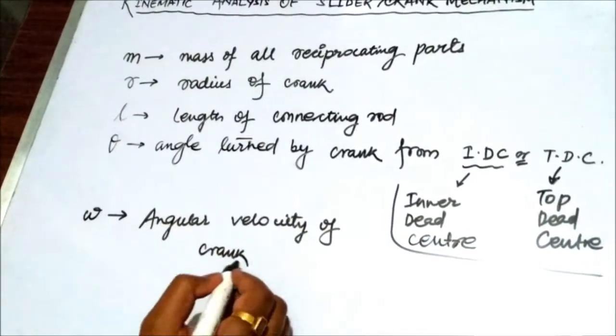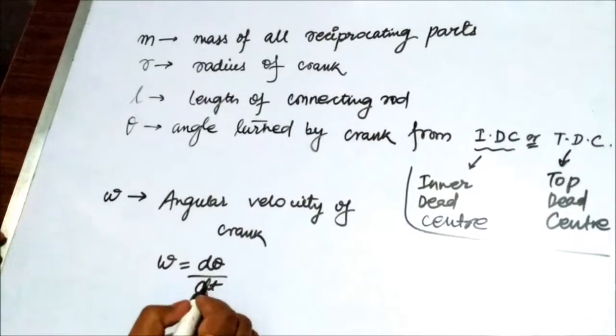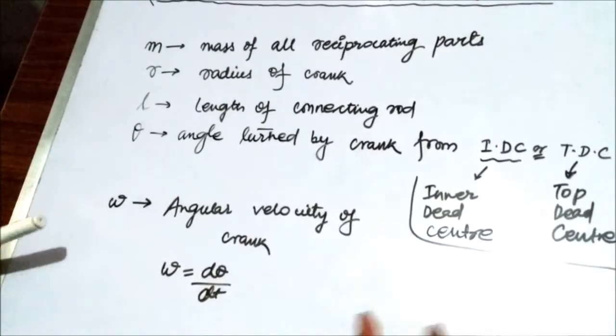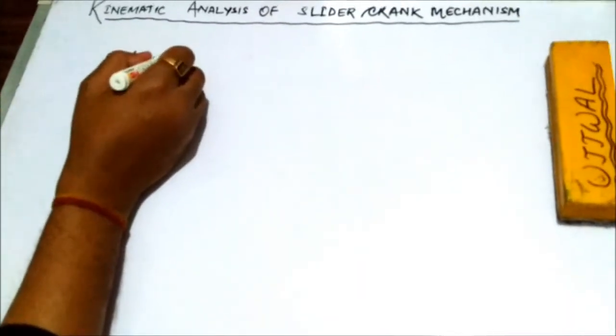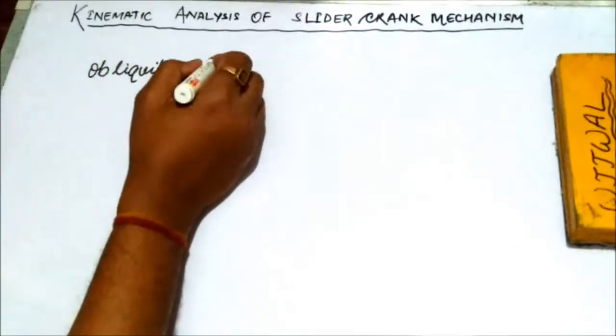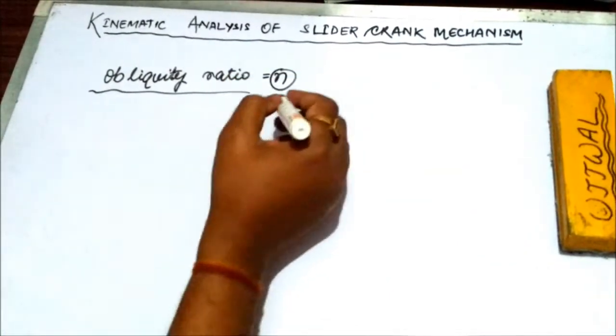Now we will define a term, the obliquity ratio, which I will denote with n. Now n is equal to L by R. L is the length of the connecting rod, and R is the radius of the crank, or length of the crank.